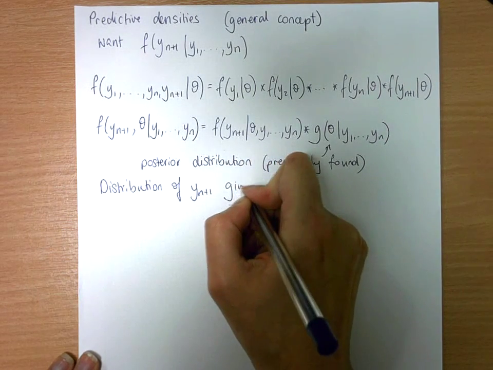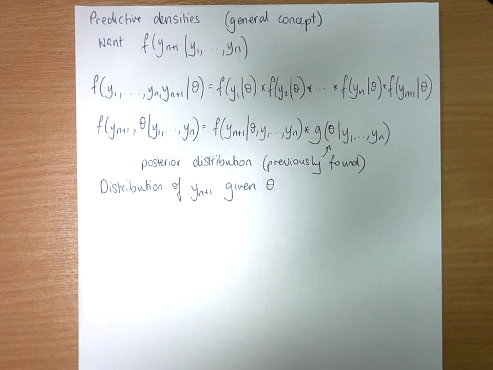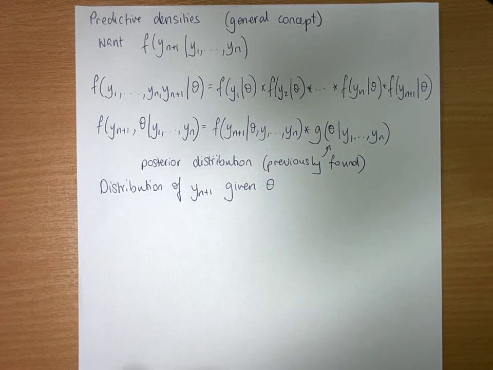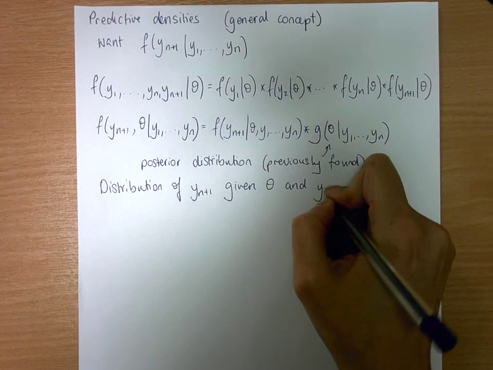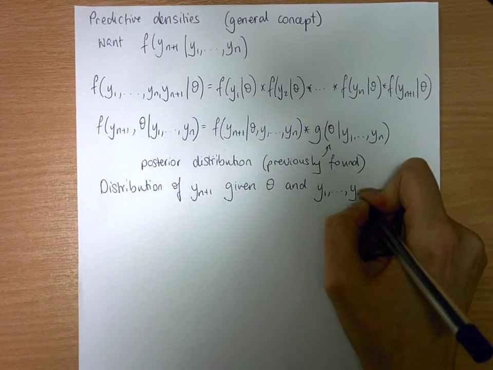So suppose we have the distribution of y_{n+1} given theta, where theta represents whatever our parameter is, and our data that we've previously observed, so y_1 to y_n.